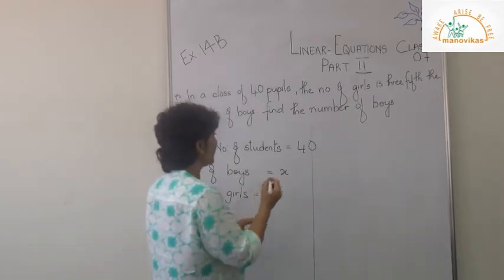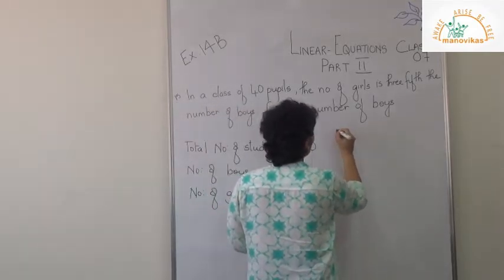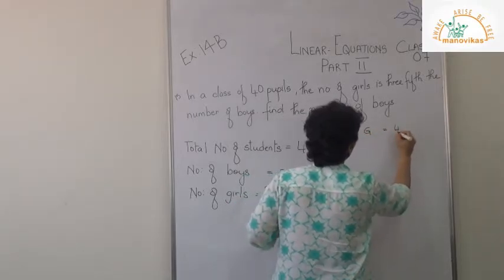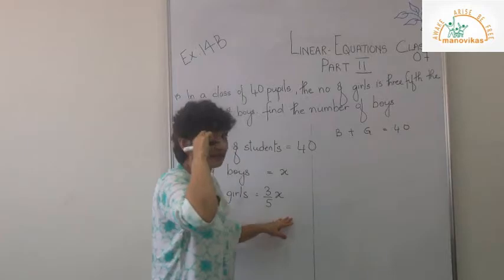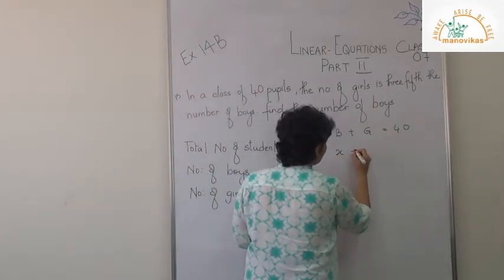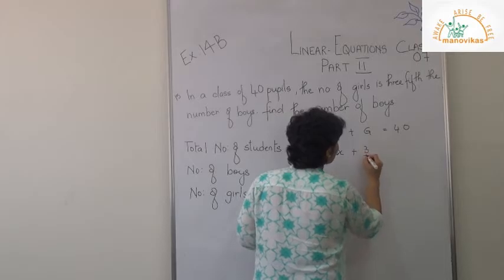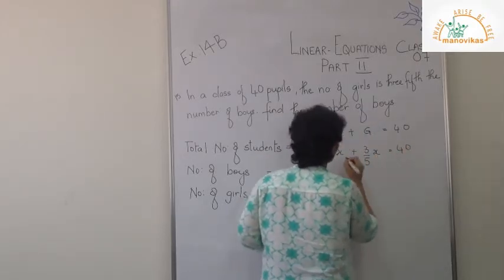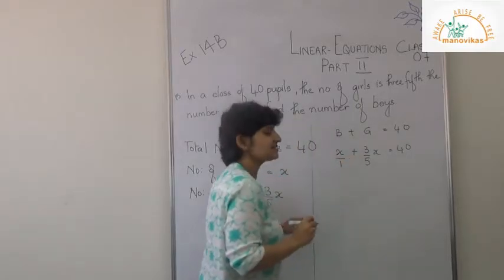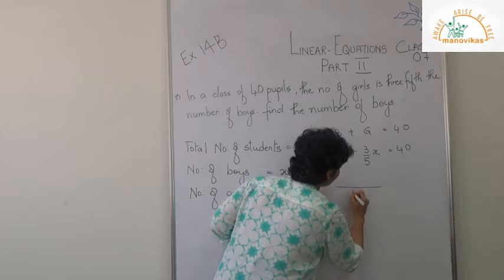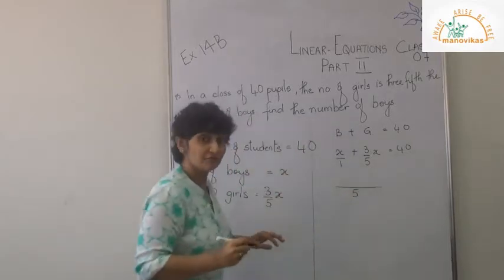Alright, so how do we do it? I know that boys plus girls together are equal to 40, isn't it? So what do I do? x plus 3 upon 5x is equal to 40. Let's put this as upon 1. Now let me take the common denominator. That's 5.